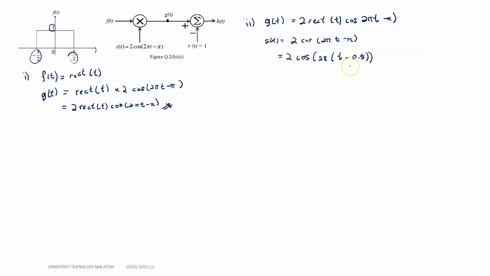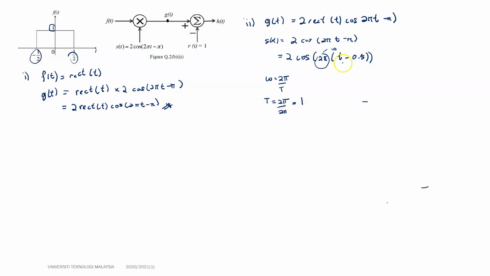So from here, we can determine the omega and also the duration of this signal function. Omega, we know, is equal to 2 pi over T. So for this equation, this is the omega, and now we can determine that T is equal to 2 pi over 2 pi.